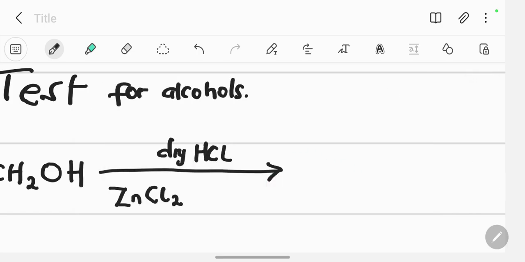This one is our catalyst. Then I add in some reflux. I heat. Reflux means heating.